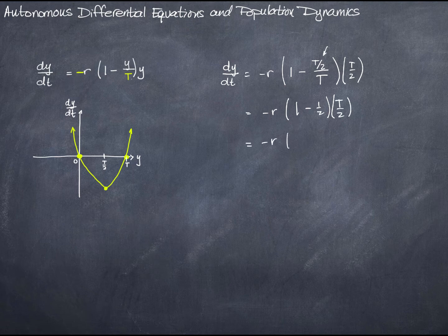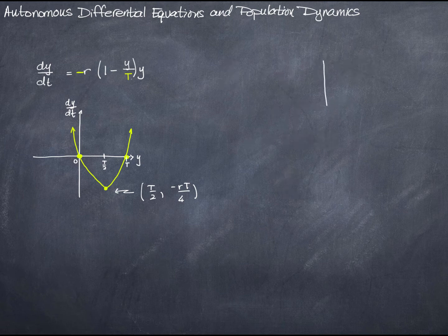Well, that's negative r times 1 minus a half, that's a half, times t over 2, which gives me negative rt over 4. So this point right here is t over 2 comma negative rt over 4. Those are the coordinates of my vertex.